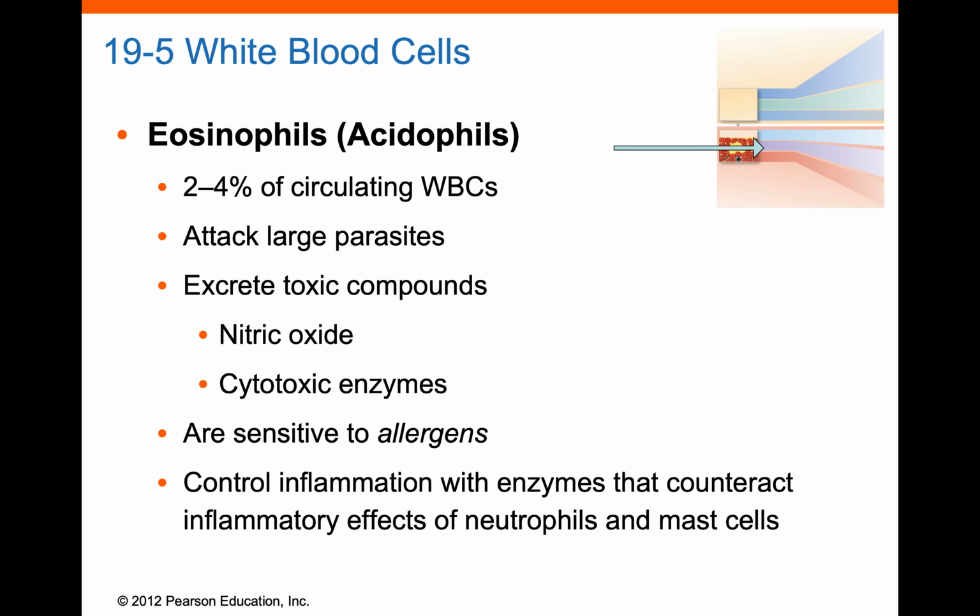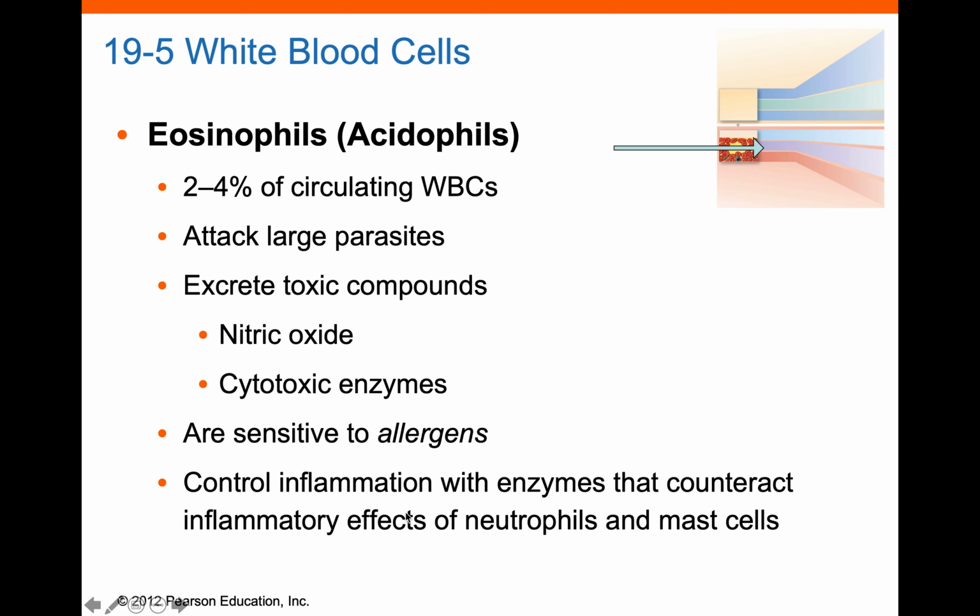Eosinophils, they are only a very small amount of the white blood cells. They attack parasites, large parasites. They excrete nitric oxide and cytotoxic enzymes. So again, those two are for cell destruction. They are created when there is an allergic reaction in the body.